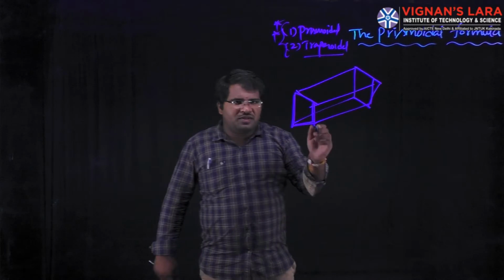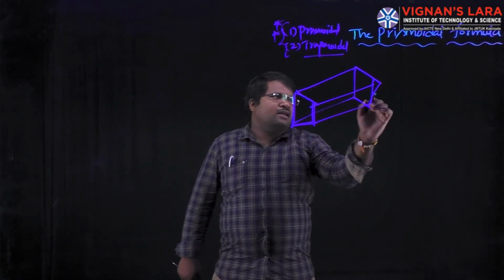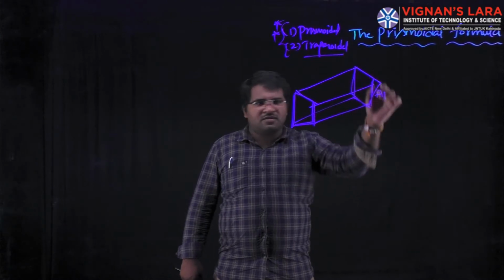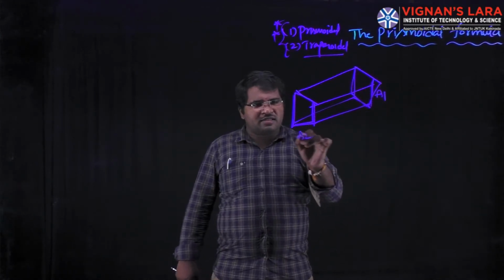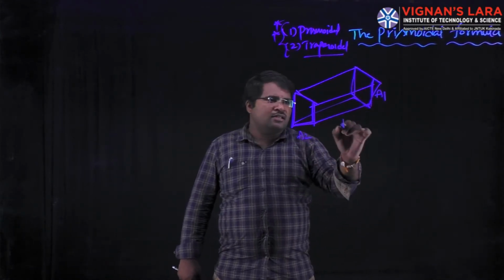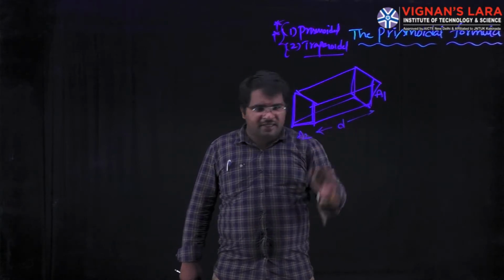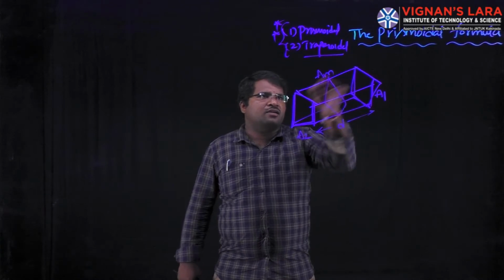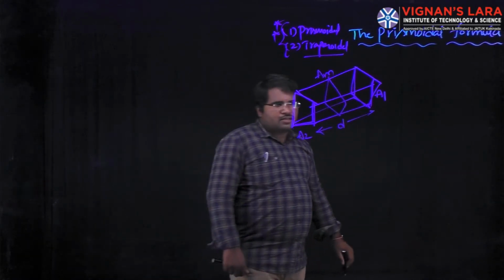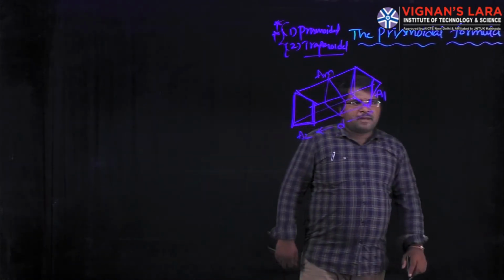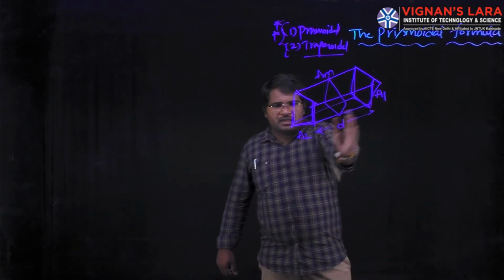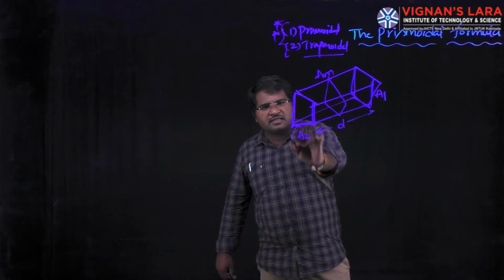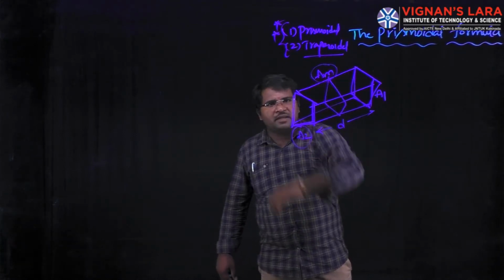Now if you look here, A1 is the cross section of one end, A2 is the cross section of the other end, and these two are at a distance of small d. We also have a mid area, which is called AM. So d is the distance between the two cross sections, A1 and A2 are the end cross sections, and AM is the mid cross section.